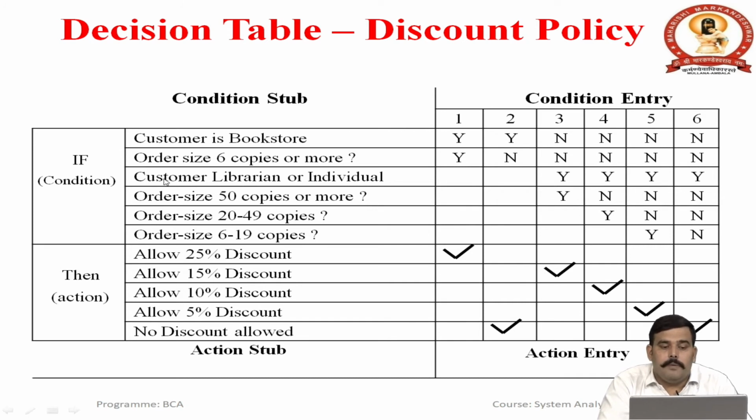Again, the next combination: customer is librarian, yes, order size 50 copies or more, no, order size 20 to 49 copies, no, order size 6 to 19 copies, yes. Then allow the 5% discount. We have a check mark in the action entry.